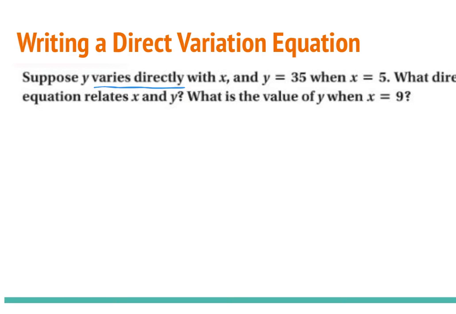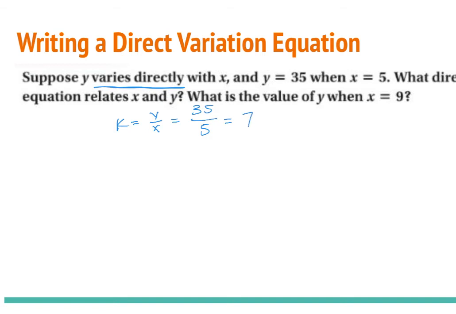When we know that it varies directly, our equation is k equals y over x. If something varies directly, we know that our equation is y equals kx. You can divide both sides by x and get k equals y over x. If y is 35 when x is 5, my k then becomes 35 divided by 5, which is just 7.